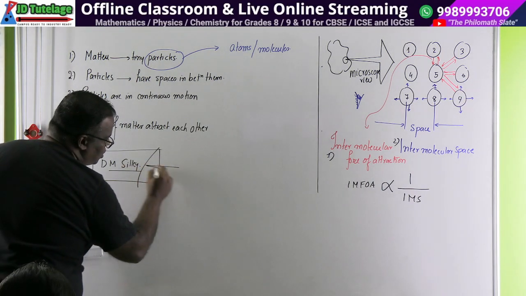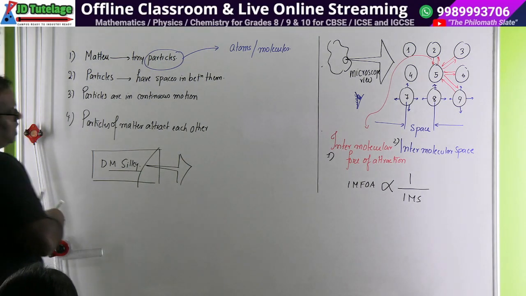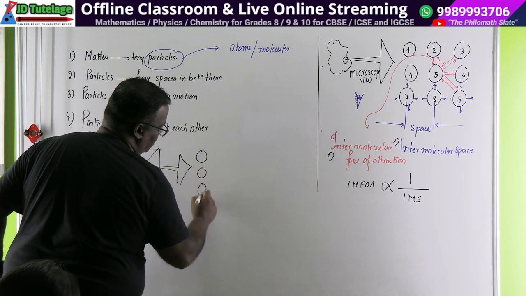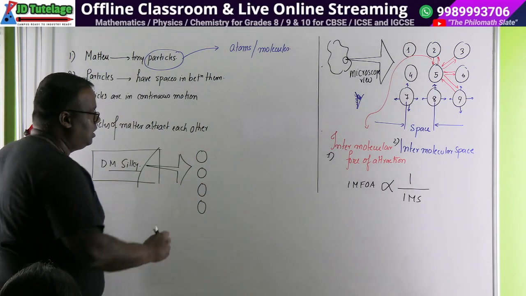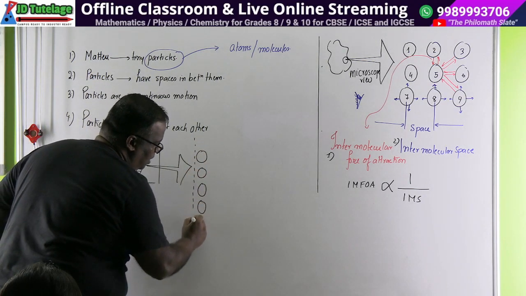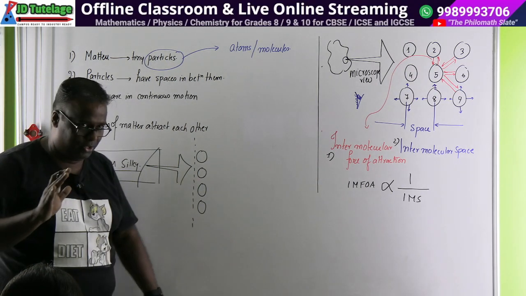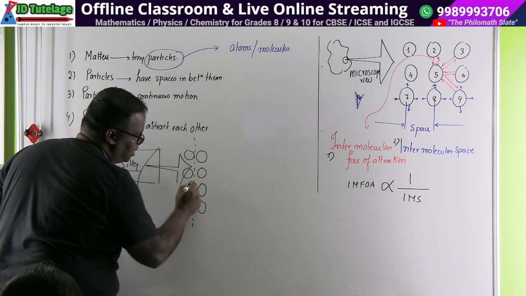If you try to see this portion in a magnified manner, this portion had Dairy Milk particles, and our friend Kirtan was thinking that he would be able to break it exactly in such a manner that all four particles would be apart. Now we are thinking microscopically, but there are particles on this side also.